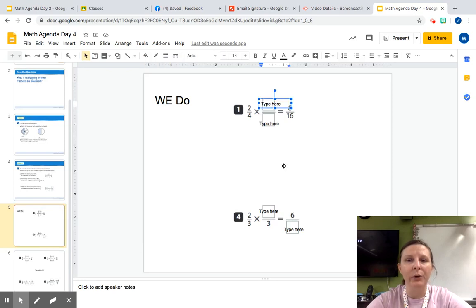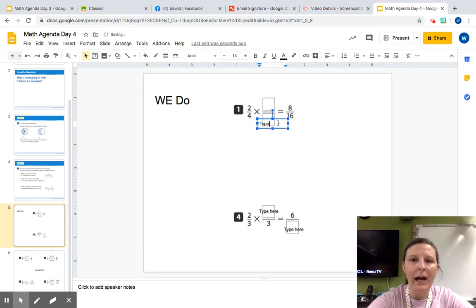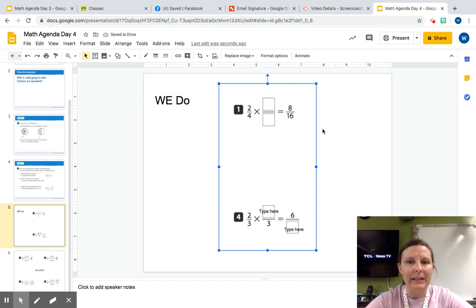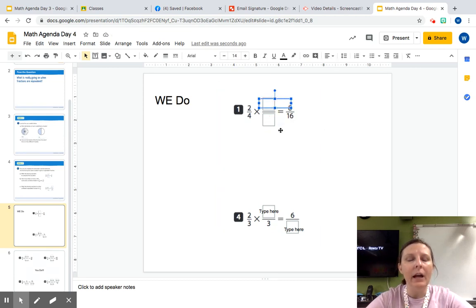All right, guys, so we're going to start with the top number first, okay? So we're starting with the top number. So first we have 2/4 times what equals 8/16, okay? So I have to break it down, do my numerator, and then do my denominator.